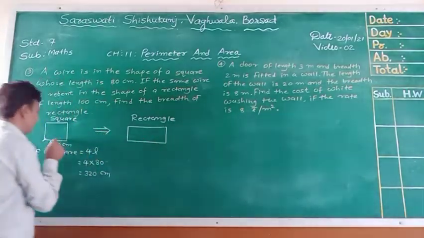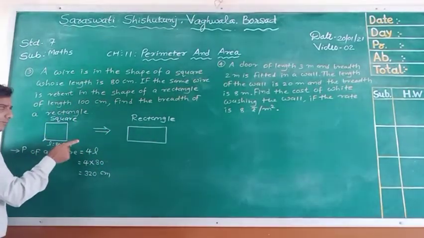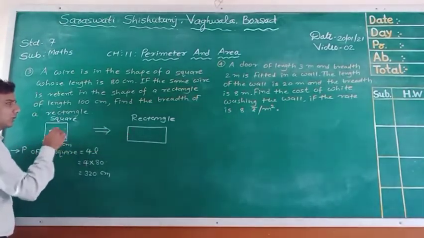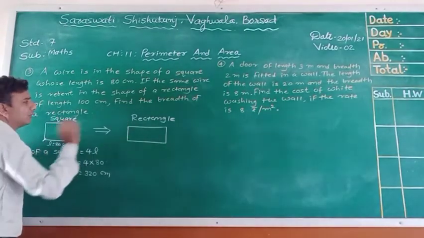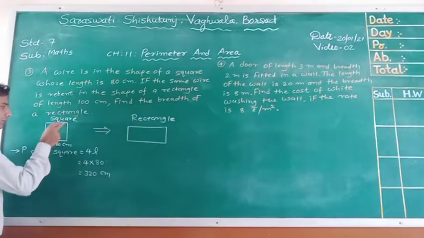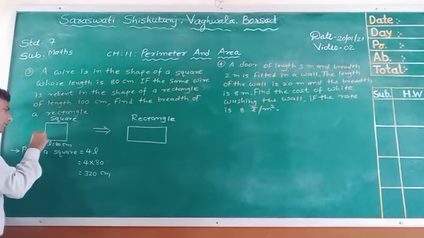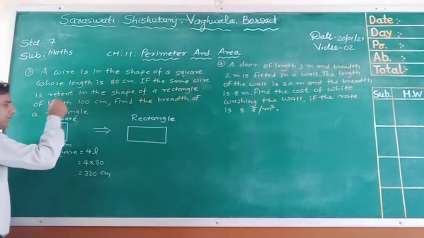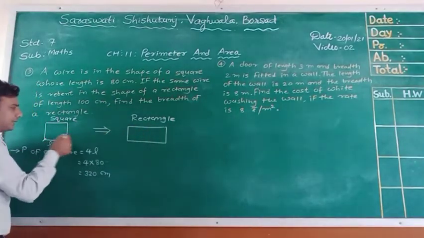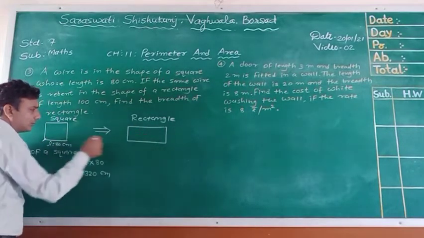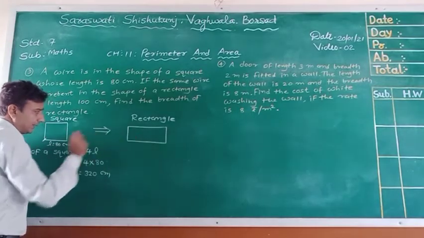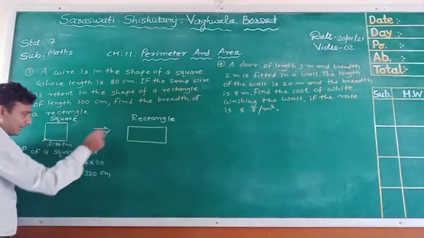Same wire, same total length of wire, I convert into a rectangle. See, first it was a square, I cut from here, then I take this point and straighten it.